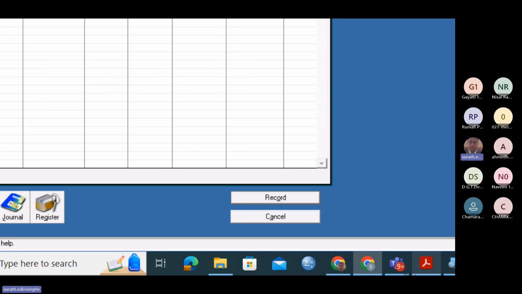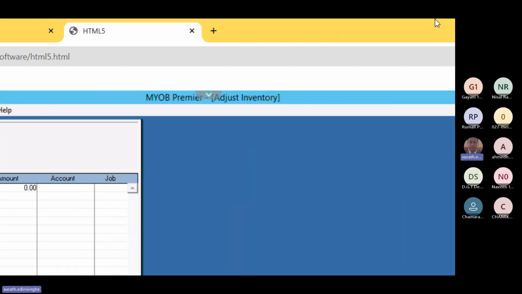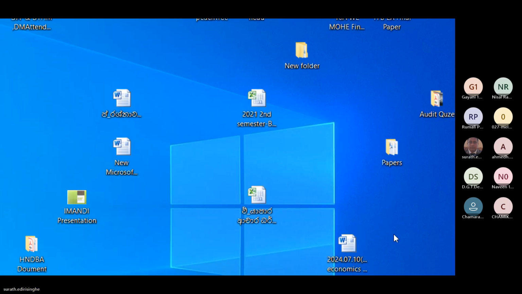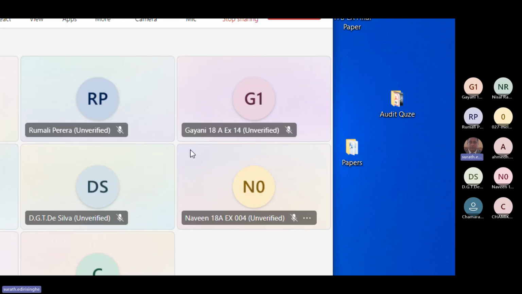Jivanta? Nisal? No one responds. No one joined the class. Nisal? We look at that person is not in the class. Galle? Yes, Kumari? Ah, you are in the class? No. Then Naveen? Yes, sir.